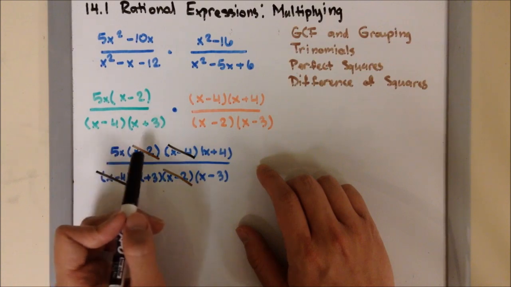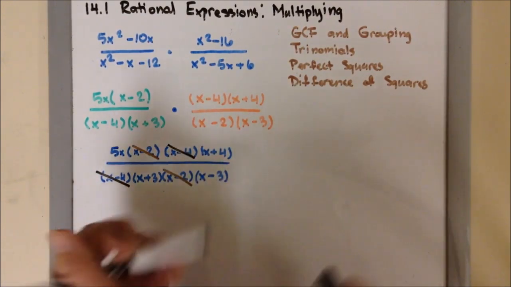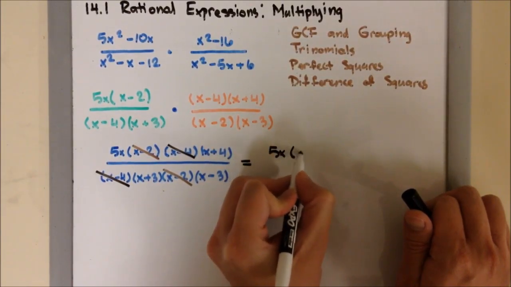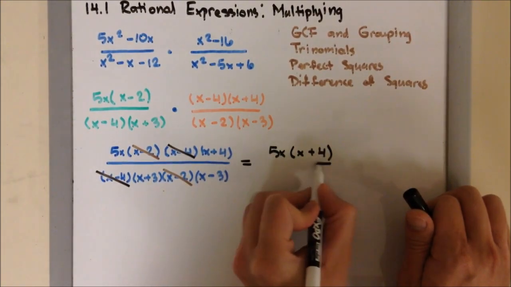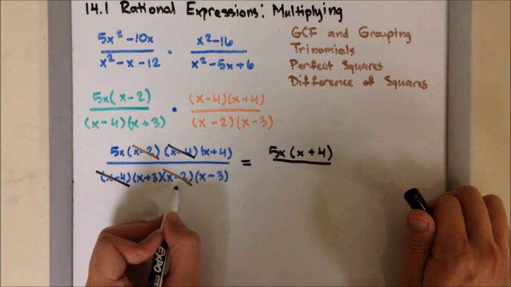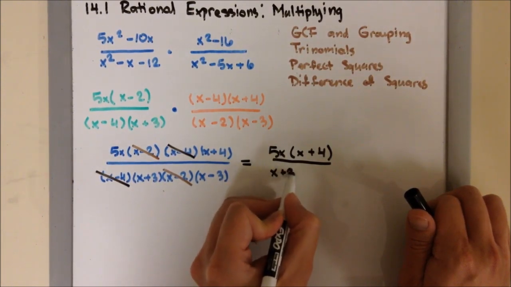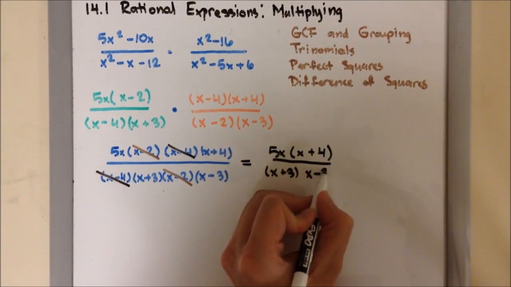So 5x times 1 times 1 times x plus 4, sorry, will be simply 5x times x plus 4. And in my denominator, 1 times x plus 3 times 1 times x minus 3 will simply be x plus 3 and x minus 3.